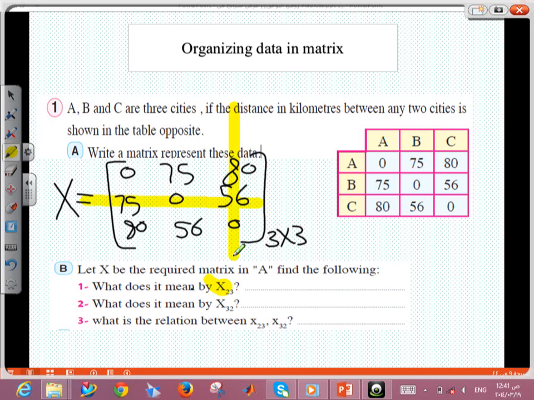Where is the element then? That is the element we'll talk about. What does it mean? It says the distance in kilometers between B and C is 56. You know that the distance between city B and C. Okay.